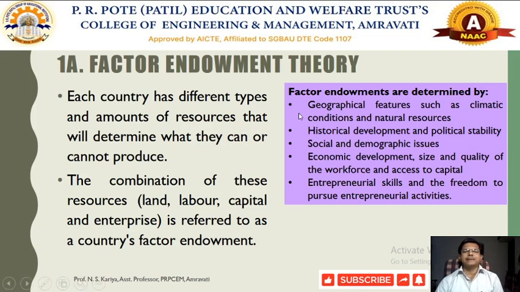Whether these factors can be advantageous to the nations, if the geographical features, for example climatic conditions and natural resources, are sufficient or feasible to produce more. Once they produce more because their geographical and climatic conditions are appropriate to produce particular goods or commodities, then they will conduct international trade.